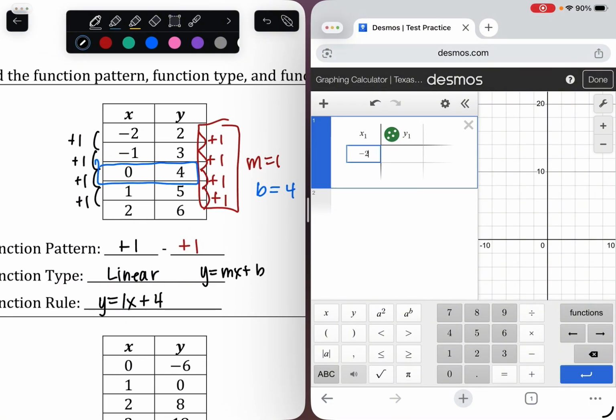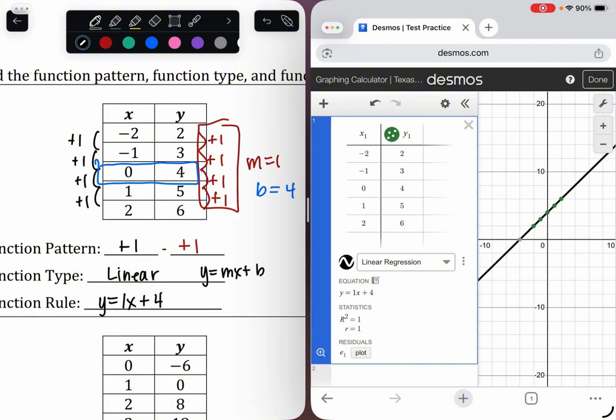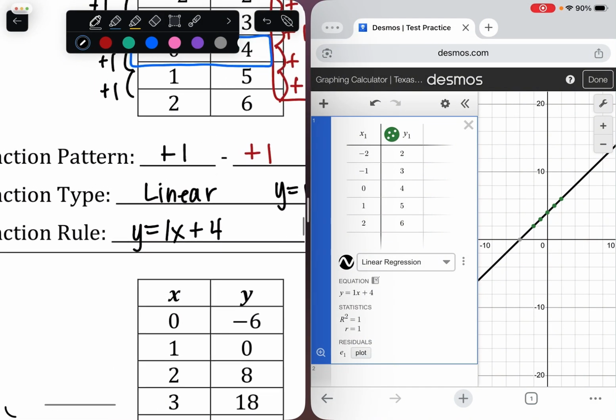So -2, -1, 0, 1, 2, and then the y's: 2, 3, 4, 5, 6. Now, if you look over in the blue on the left, right next to where it says 1, click that line with the dots, and it automatically puts your linear regression equation. And so it says 1x plus 4.